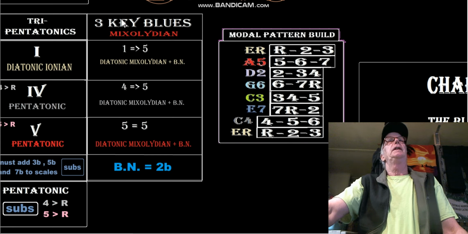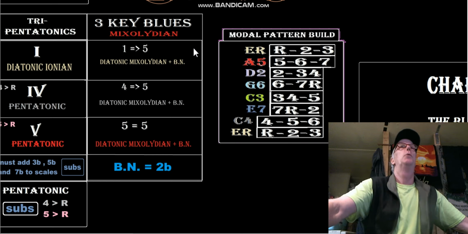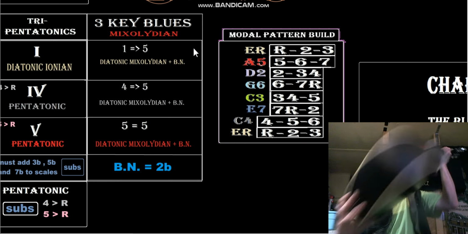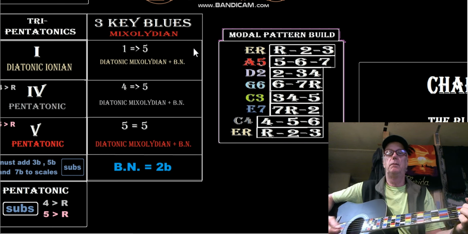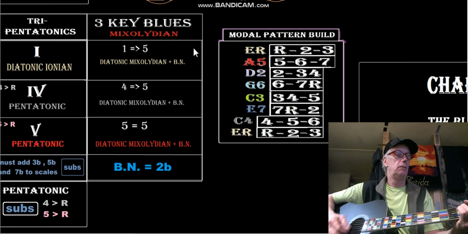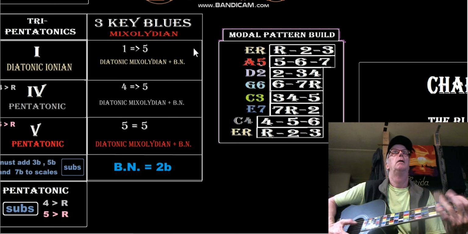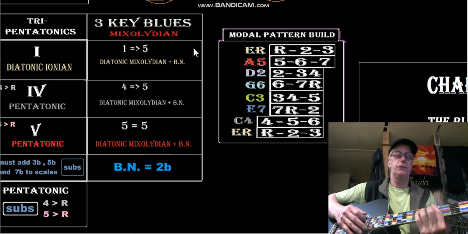So let's look at the last column here. We're almost done. 3 key blues, all Mixolydian. What in the heck are we talking about here? We're going to just play Mixolydian scales, all 3 of them.